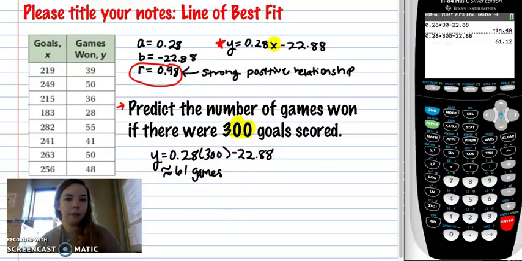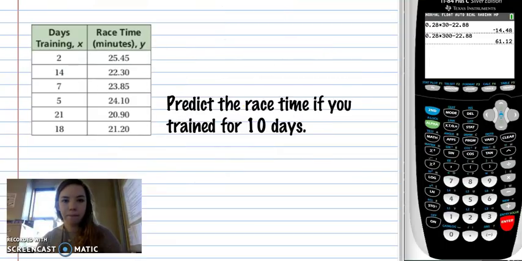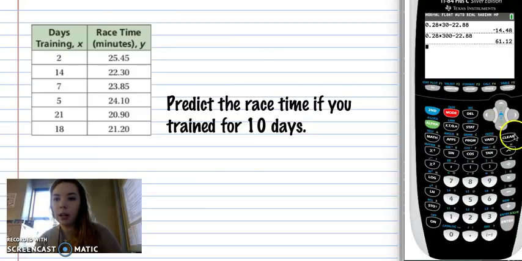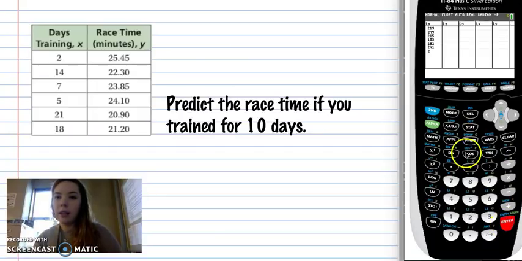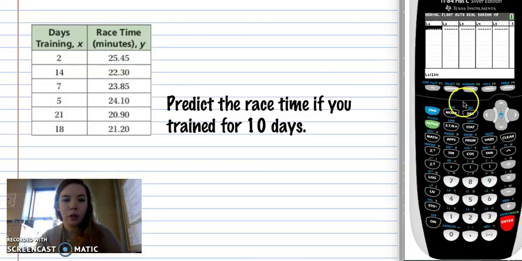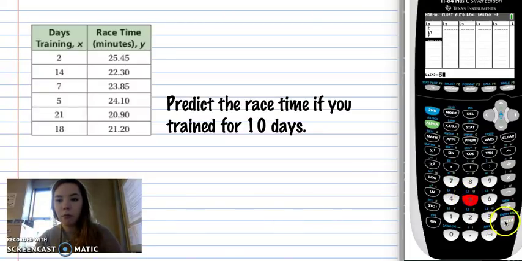All right, let's try another one. So we're going to do this the exact same way. So I'm going to start by getting out of this screen. I'm just going to clear. I'm going to go back to Stat and Edit. That's how we get to our table. To get rid of what's already in here, you just go up and then hit Clear, Enter, up, Clear, Enter. So then, again, I'm just going to put in my table that you're gluing into your notes.